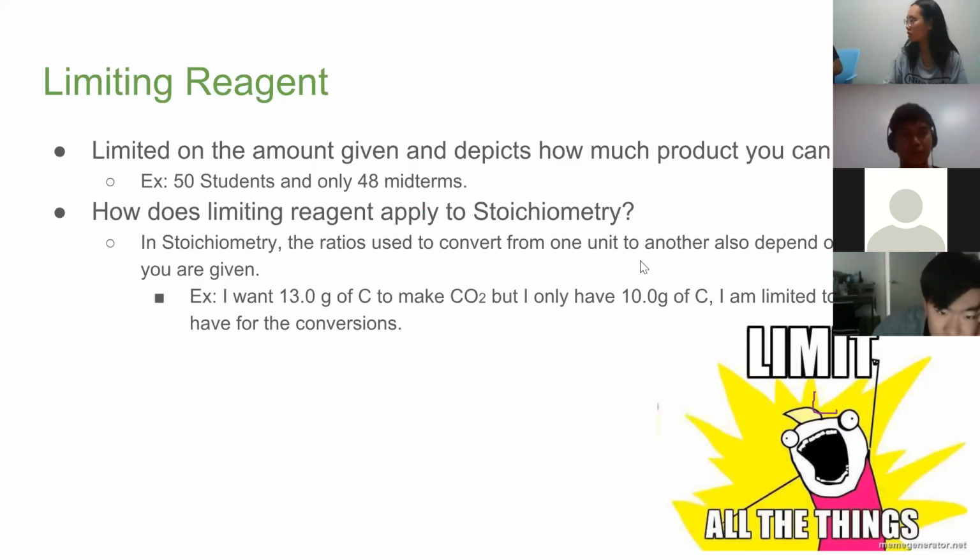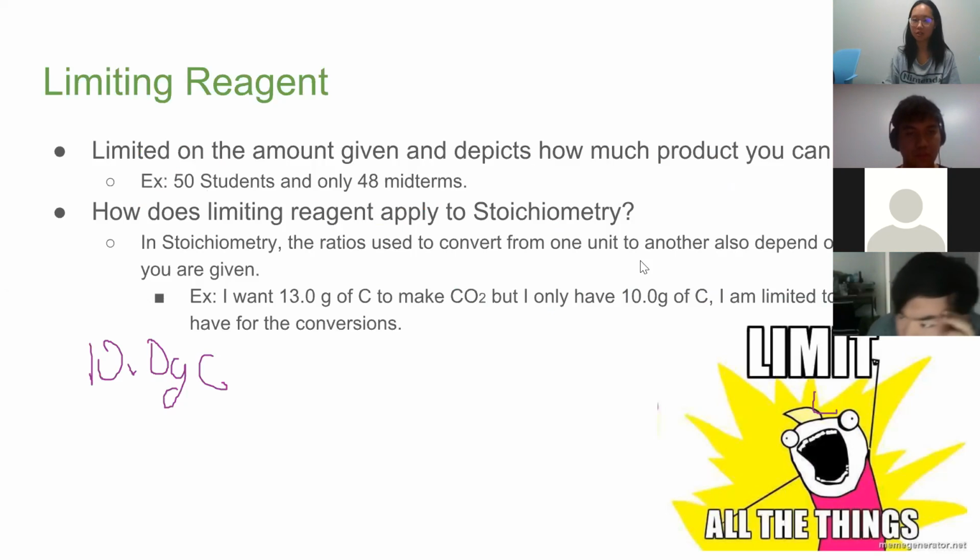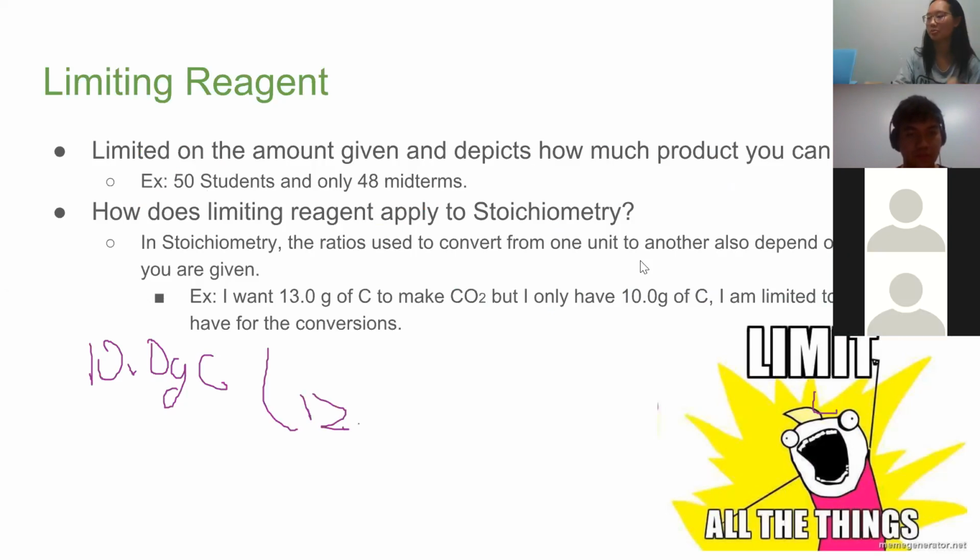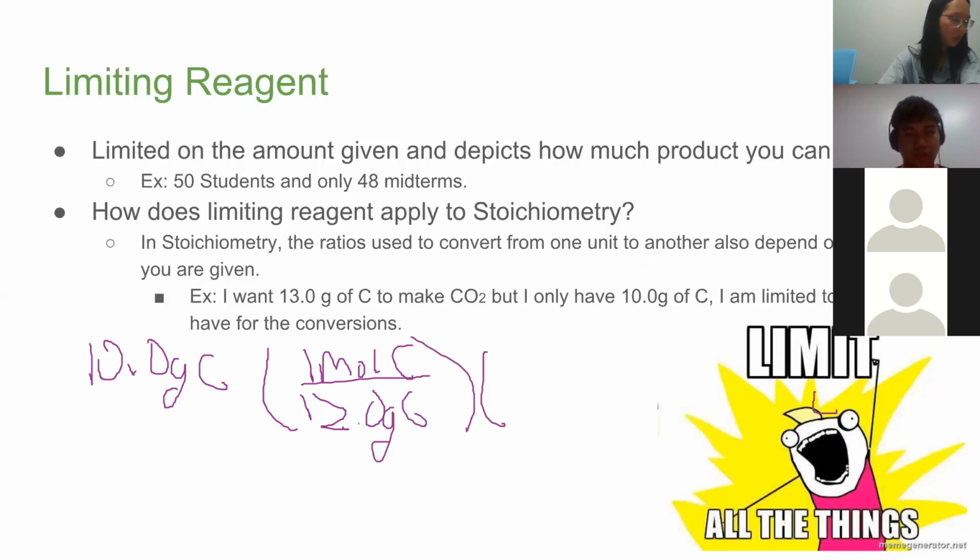Alright, so if we can revert this, we would have 10 grams of carbon. And I know that for every 12 grams of carbon is equal to 1 mole of carbon. And then for every 1 mole of carbon, we make 1 mole of CO2.